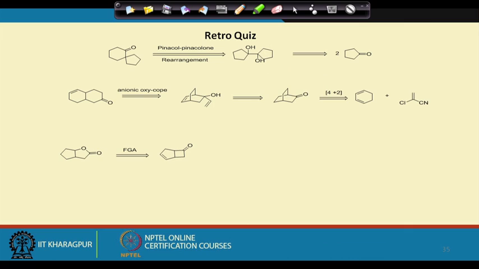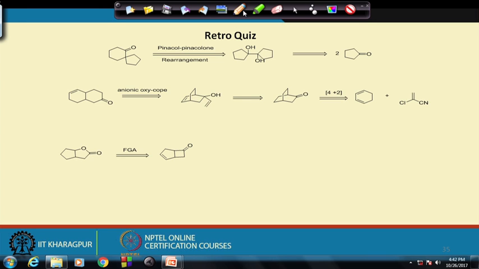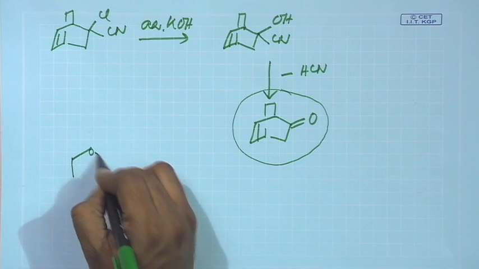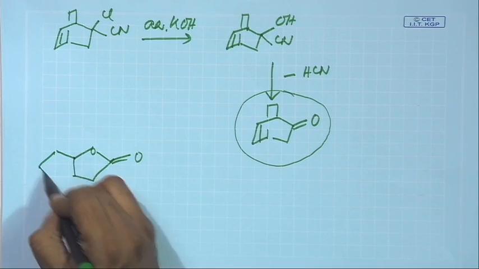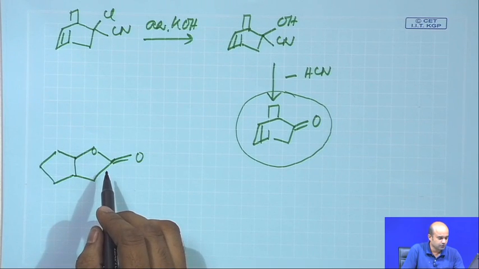So, quiz number 3. You see this is the target molecule, where you can see the structure of this particular compound. Now, for the target molecule, if you do a functional group analysis, it is basically an internal ester, which is nothing but a lactone.